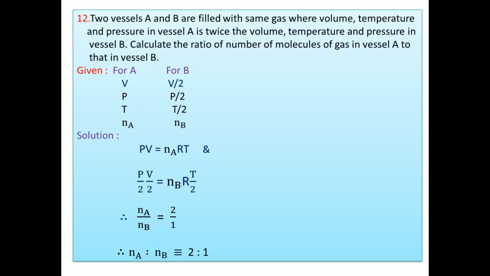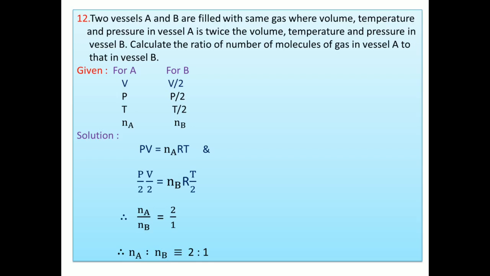Thereafter the 2 gets cancelled, and if we take the ratio of the first and second equation, then we get N A upon N B as 2 is to 1. Therefore, the number of moles in vessel A to the number of moles in vessel B is 2 is to 1.